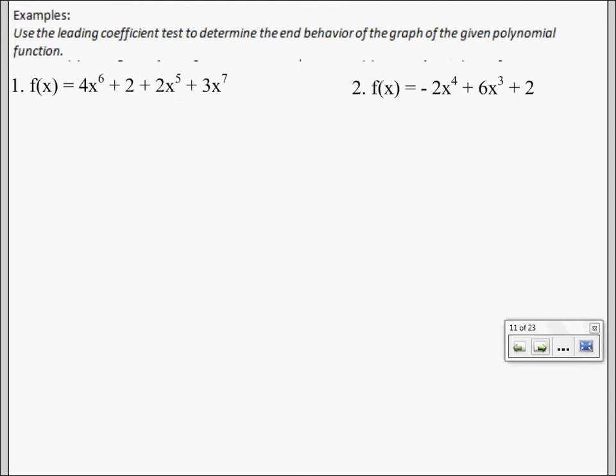So let's use this test with number 1. The degree of this, as you can see, is the highest one that appears, which is degree 7. When you have an odd degree, it means opposite in behavior.